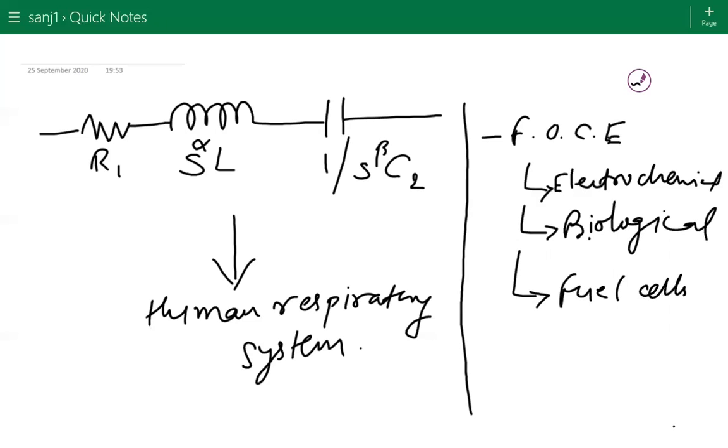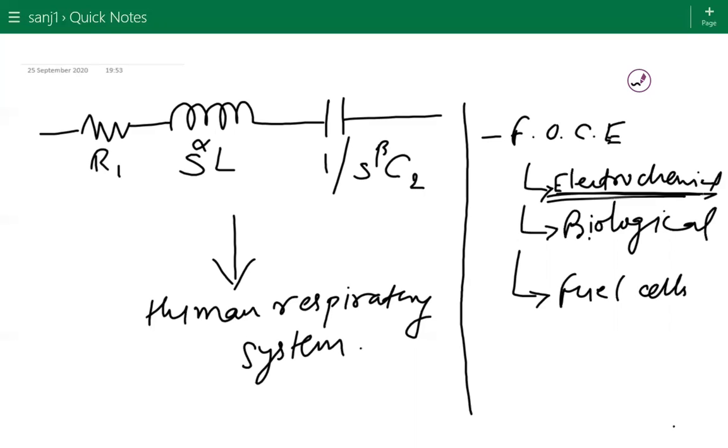Actually fuel cells are also part of the electrochemical systems. So these are the current three areas in which you can also work and look for models in terms of electrical circuits with the help of fractional order circuit elements.